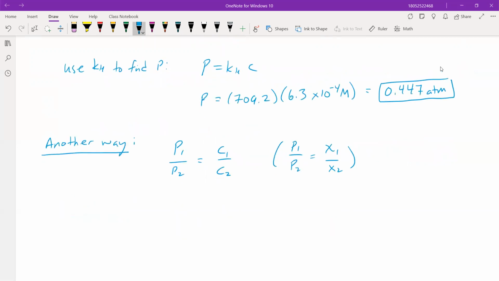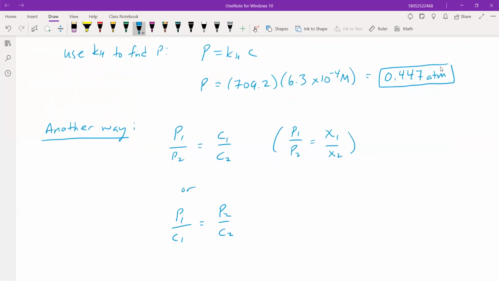This is a good skill to know, how to write these proportionality equations. You could also do something like P1 over C1 equals P2 over C2. It ends up being the same thing, algebraically the same, just how you want to think about it.